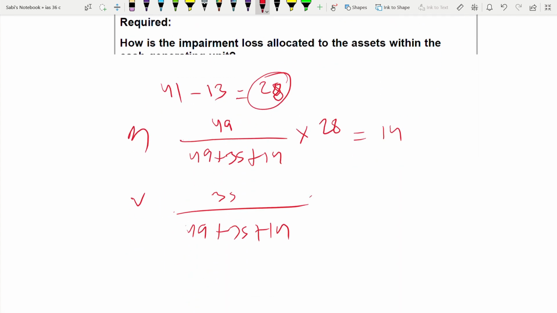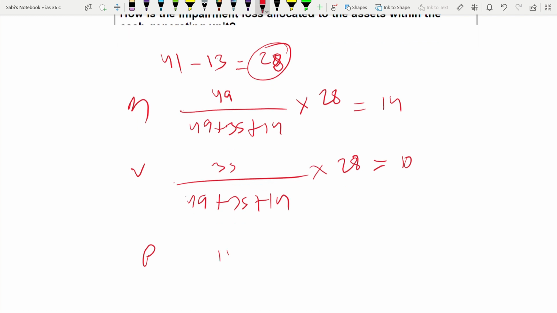That's why into 28, because 28 is the impairment loss. And you are getting 10. Coming to patent, 14 over 49 plus 35 plus 14 into 28, it is 4. This is how you need to do it.